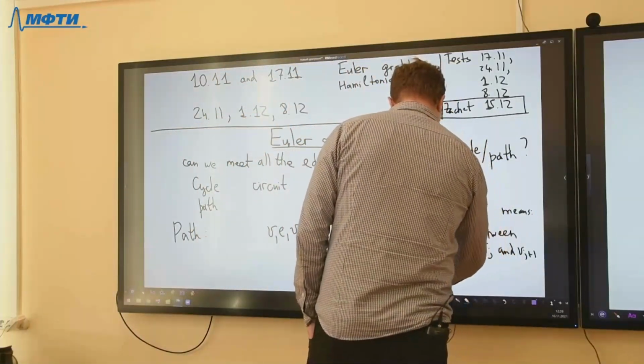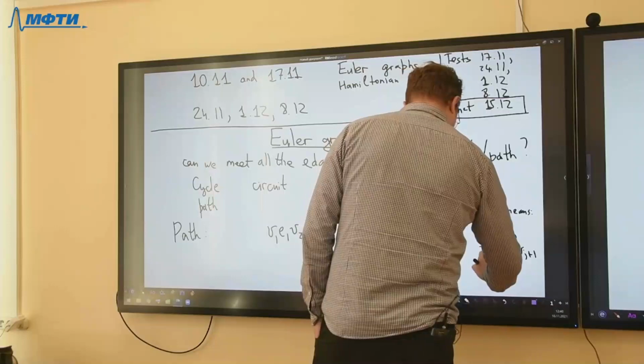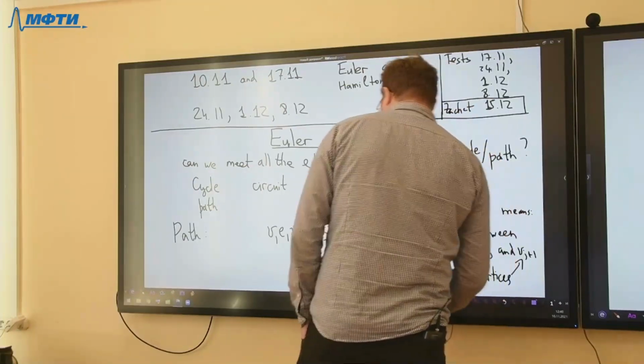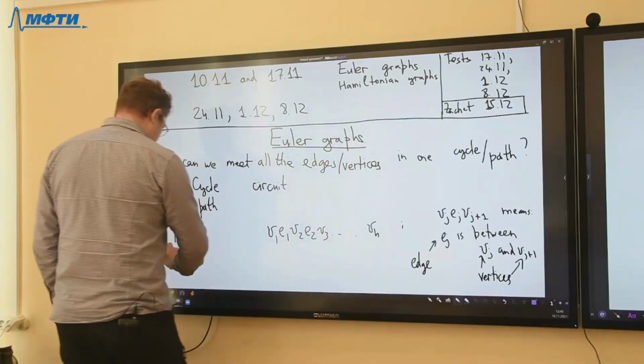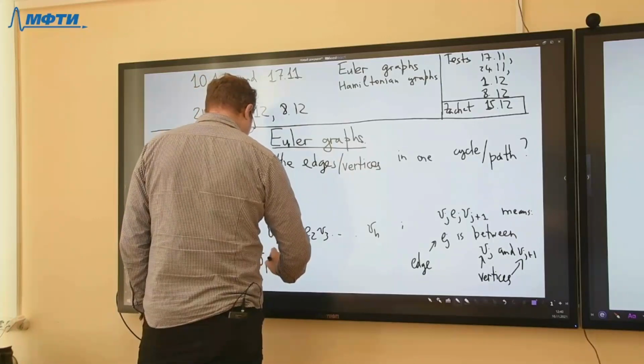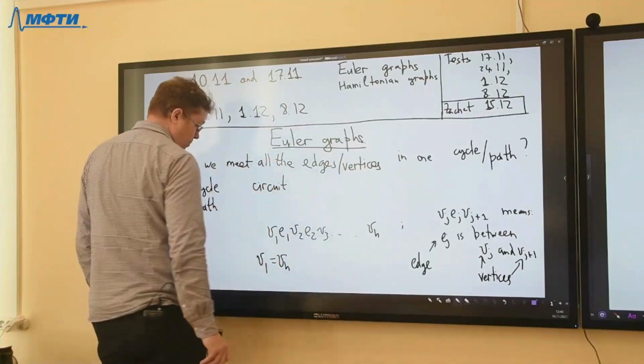So this is an edge, these are vertices. And a cycle is when V1 and Vn are the same.